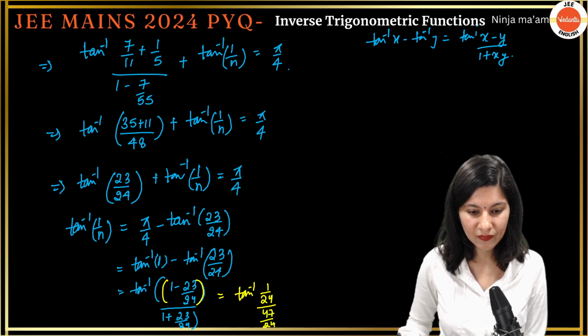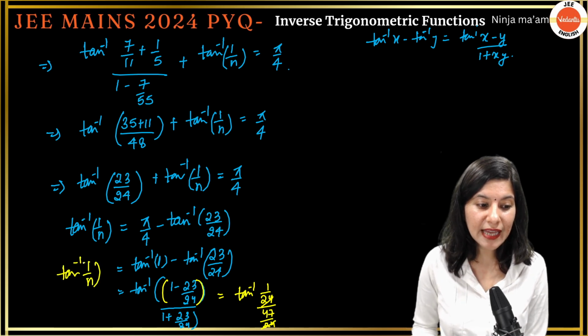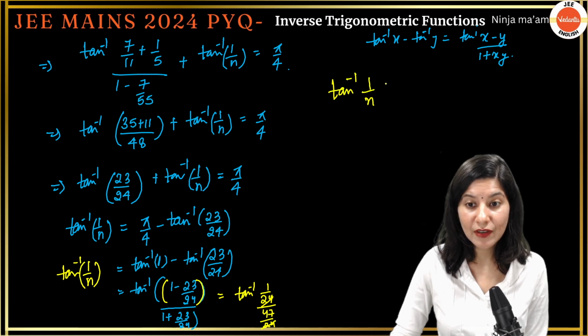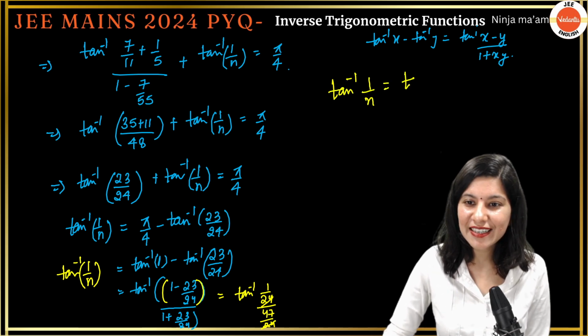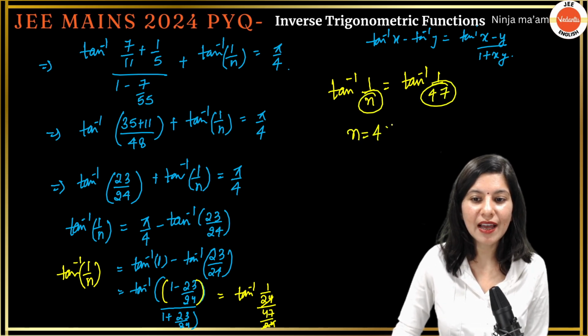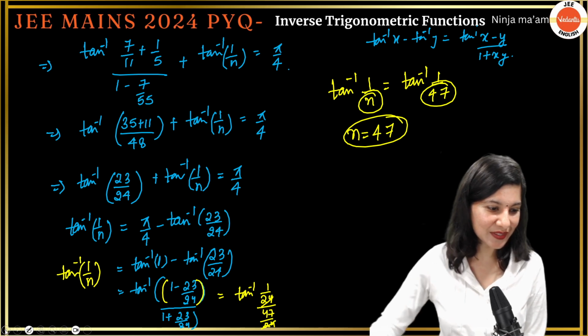Okay. So actually this is coming out as tan inverse 1 by 47. Did you notice? Tan inverse 1 by 47 finally, okay, 1 by n is tan inverse 1 by 47. If you compare right away, n is coming out as 47, and bingo, your answer is right here.